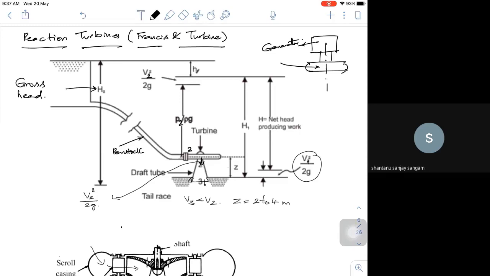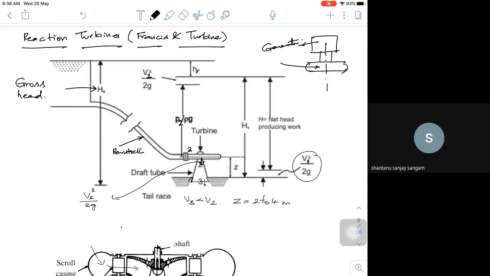What we try to do is recover it and convert it into the corresponding pressure head. That is done using your draft tube. The draft tube connects the exit of the reaction turbine to the tail race, and the exit portion of your draft tube will be immersed in the tail race.